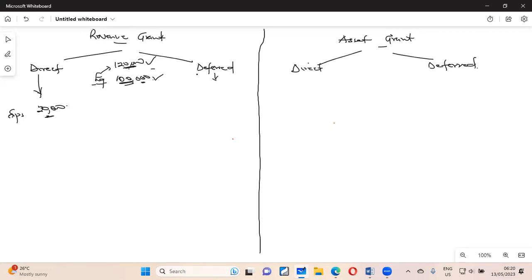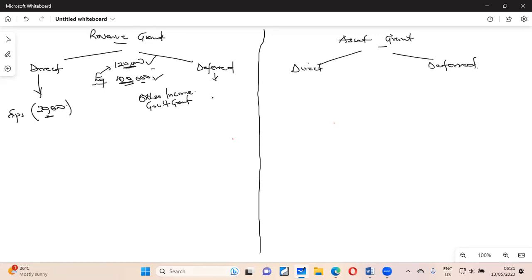Now, this concept is saying, no, don't do it like that. If you do, you are not showing faithful representation. Tell us that you received the grant, but you also incurred an expense. We all know that in the P&L, expenses are put in brackets. So let's treat the grant as other income, government grants, so that everybody will know in our books that the government gave us a grant.